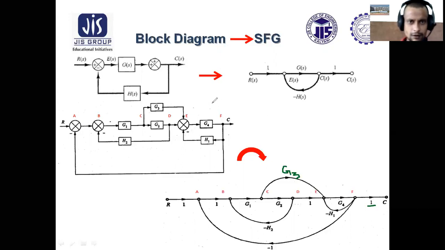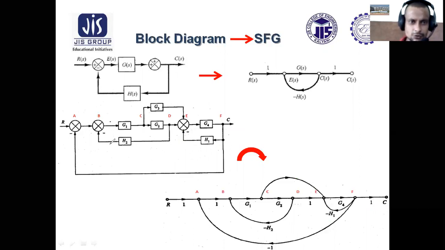Now, from F, one feedback signal is entering E, which is associated with H1 gain and entering the minus terminal. So it will be minus H1. Clear? Now, in between D and B, there is H2 associated.